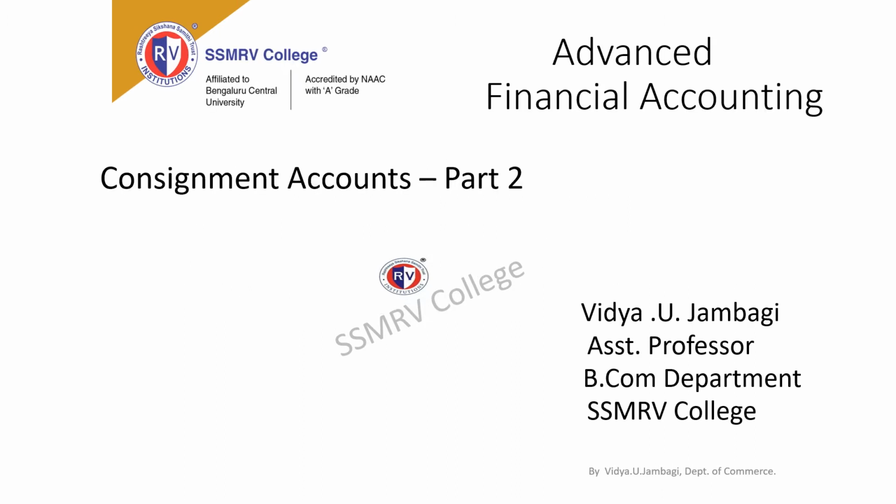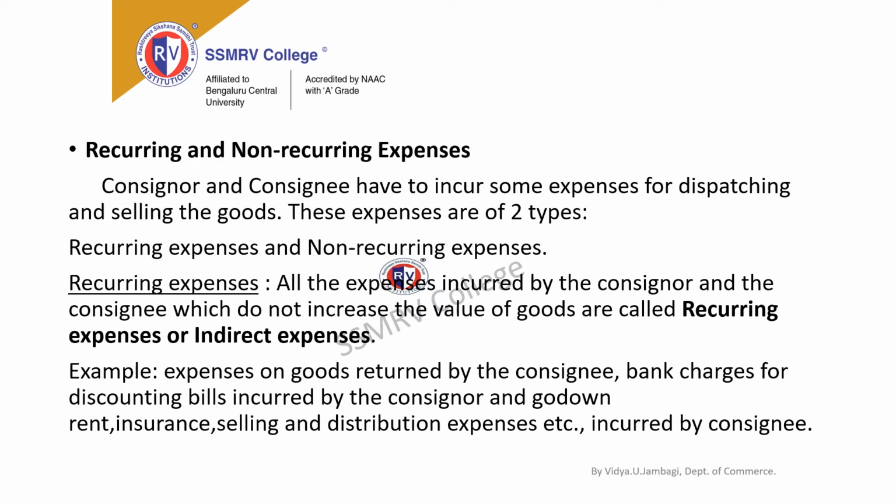This video lecture is a continuation of my previous video lecture on consignment accounts. In my previous video lecture, we discussed the meaning of consignment and the important terms used in consignment. In continuation of the same, the next term is recurring and non-recurring expenses.